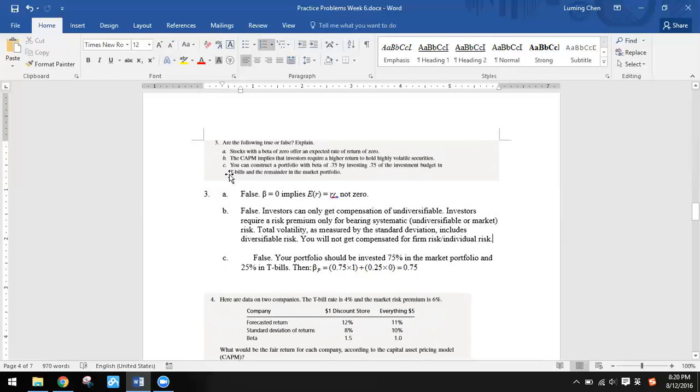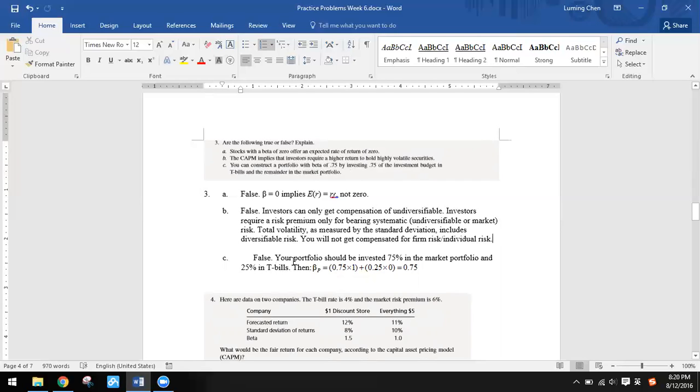C, you can construct a portfolio with a beta of 0.75 by investing 0.75 of the investment budget in T-bills and the remainder in the market portfolio. This is false because if you want a beta of 0.75, it means the correlation coefficient with the market portfolio should be 0.75.